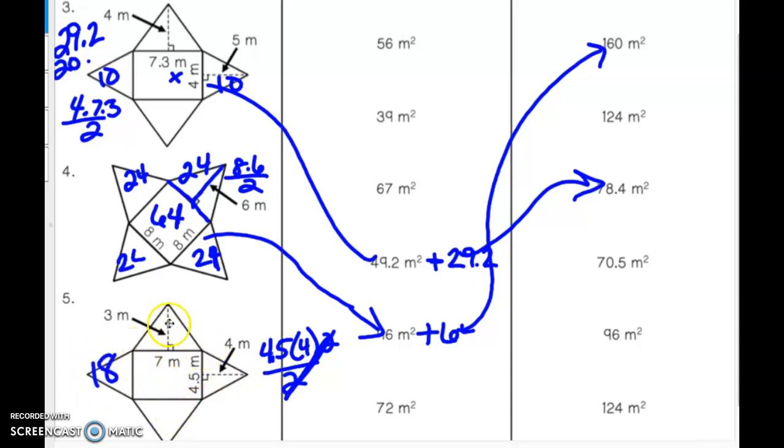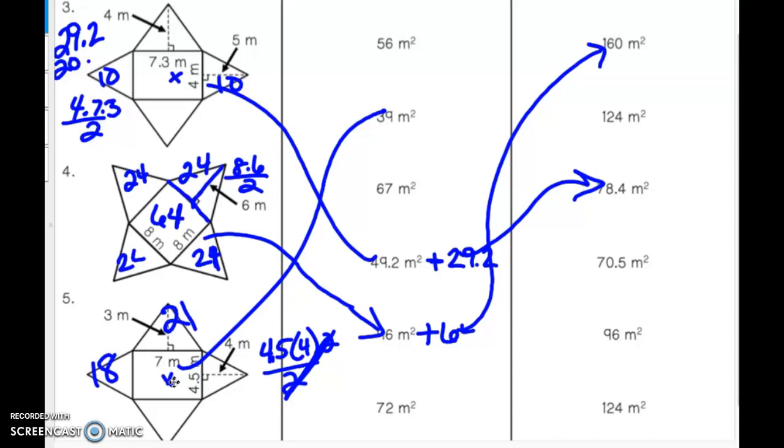And this one is a 7 by 3. So I know that I don't have to divide it by 2 if I do it like this. So 7 times 3 is 21. 21 plus 18 is 39. And then we're going to add our base, which is 7 times 4.5.